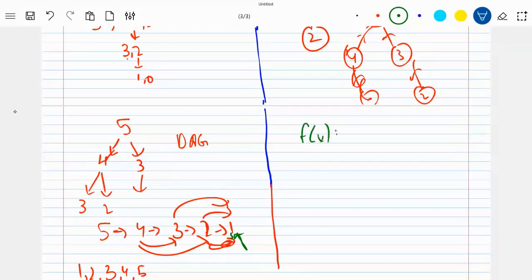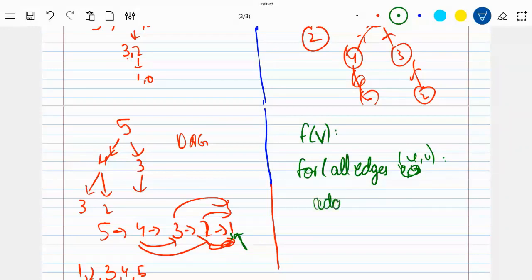Okay, so let's write how the code would look. If you want to compute f of v, you would go through all edges from u to v and just add them up, right? So total is equal to the sum of f of u, and return total. Seems simple.